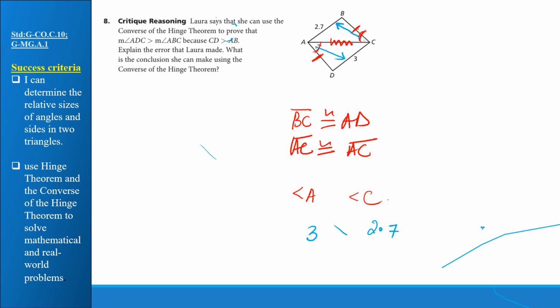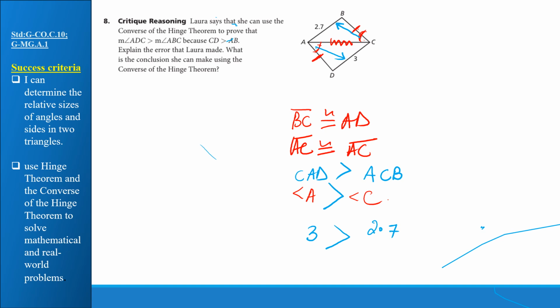So 3 is bigger than 2.7, which means angle A is bigger than angle C. Now if I write the name of angle A properly, it will be CAD, and angle C could be ACB. So CAD is bigger than ACB.